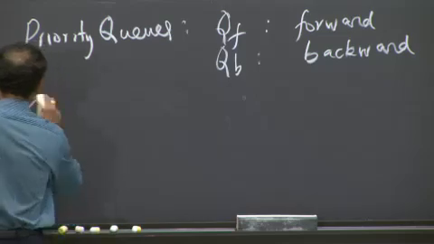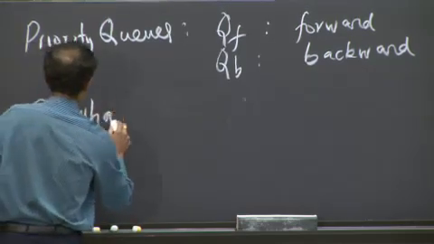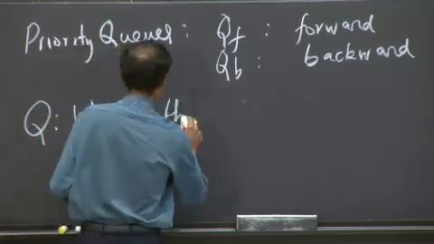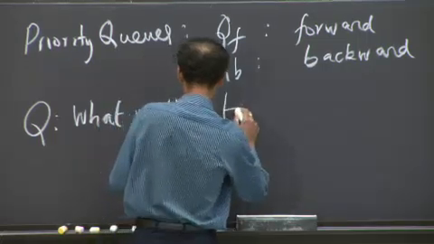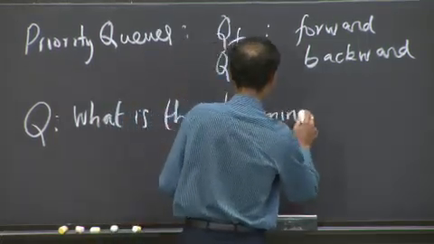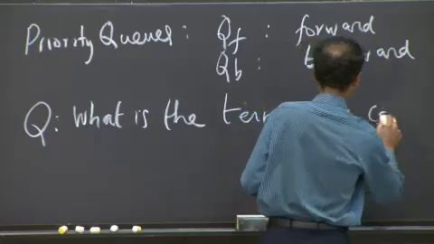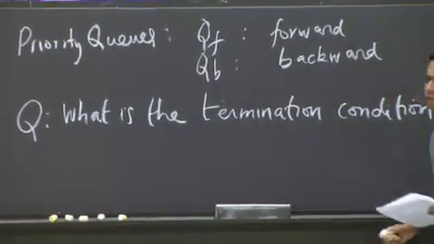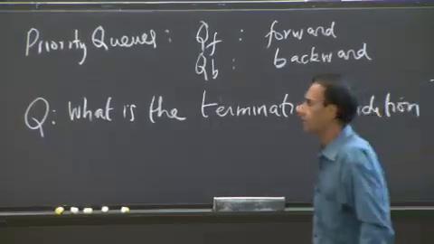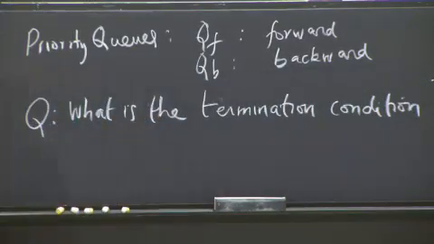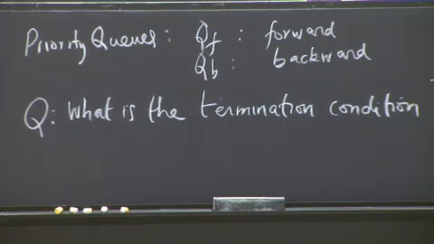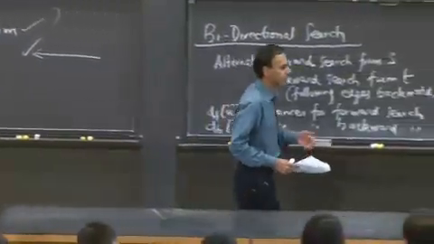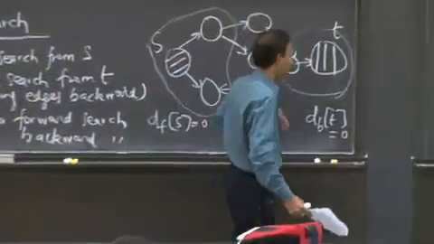Now, first question. Roughly speaking, as I said, you can imagine intuitively that you're going to terminate the search when these frontiers meet. Okay? Clearly, you can't terminate it when these frontiers look like this.